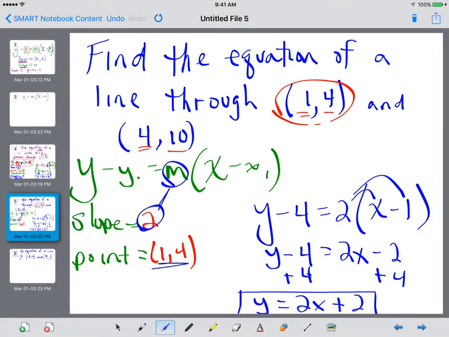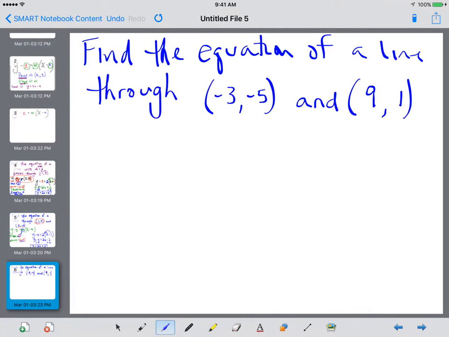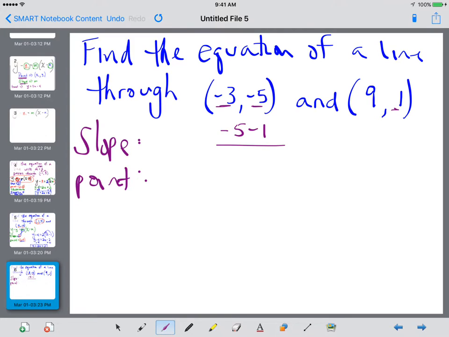Okay, last one, if you need it. Again, we need to find the slope, and we need a point. So we don't have the slope yet. We have 2 points. We know how to find the slope, though. We take the y's. So I'm going to take negative 5 minus 1 over negative 3 minus 9.